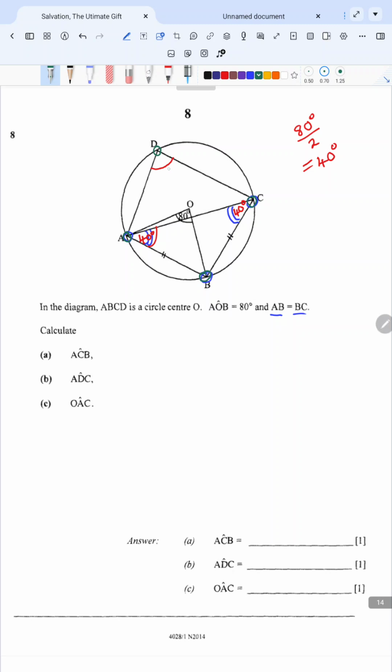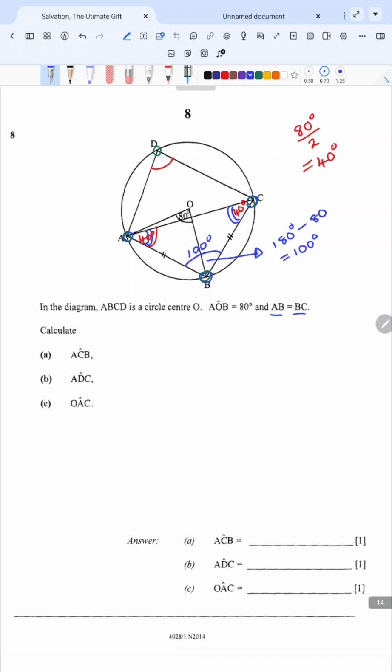So to find angle at D, you first of all calculate the angle at B here. Since we now have 2 known angles in triangle ABC, and the sum of angles in a triangle adds up to 180 degrees, you are saying 40 plus 40 gives you 80. So to find B, you are saying 180 degrees minus 80 degrees. 80 is the total of 40 at C and 40 at A. You get 100 degrees. So angle at B is 100 degrees.